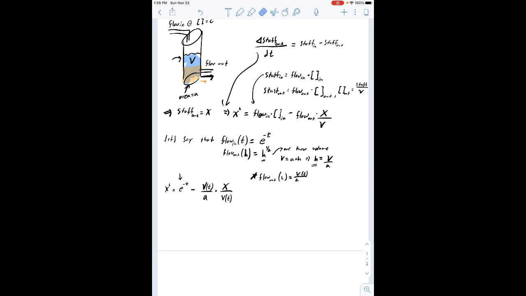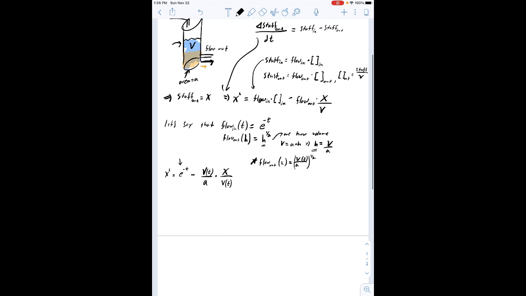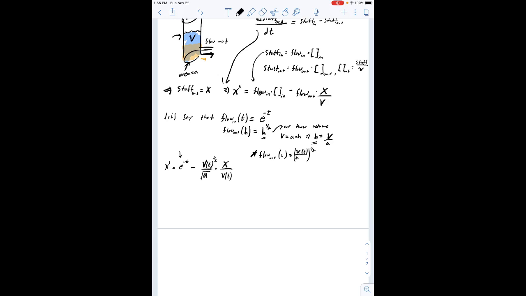Okay? So if we plug that through, we know that this is just going to go h to the 1/2. So then we have this is root A, and then we have V to the 1/2, and then we have that. There we go. So we still get some relatively nice cancellation, where this makes that into a 1/2.